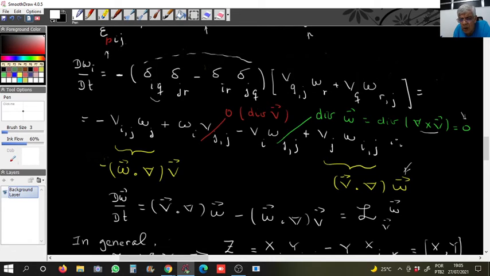Omega, it's better omega. This is Vj, this is a vector. This is a V dot nabla. Then the remaining terms are plus V dot nabla of omega, with a plus sign and minus sign, minus omega dot nabla applied to V.